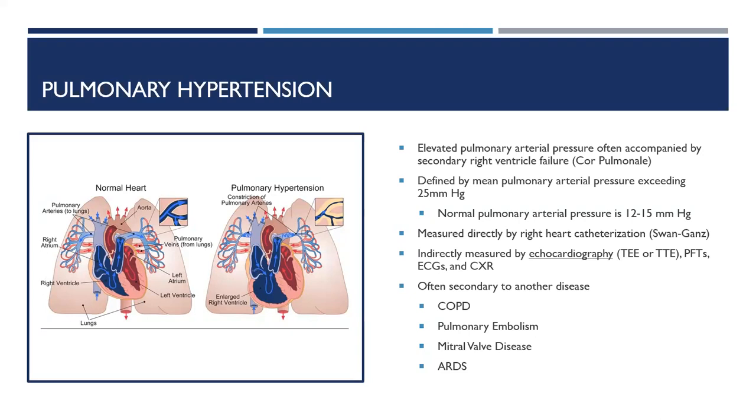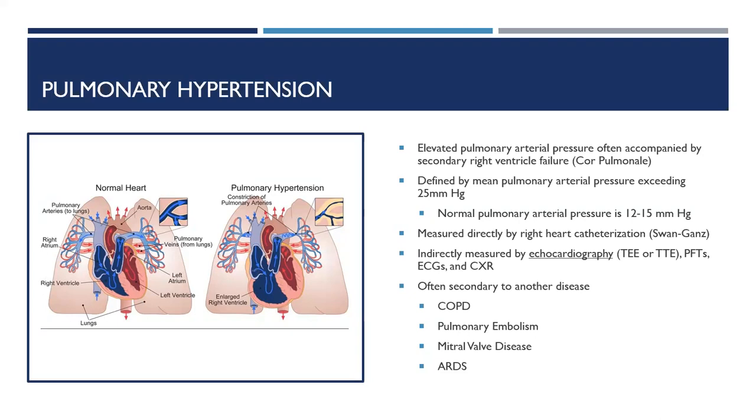Normal arterial pressure within the pulmonary artery is between 12 to 15 millimeters of mercury. So when we have problems with just the vasculature in the lungs, it's called pulmonary hypertension. Now, one of the ways that we treat this is actually with sildenafil, better known as Viagra, a phosphodiesterase inhibitor, and that will help to decrease the constriction that's happening within the pulmonary artery.